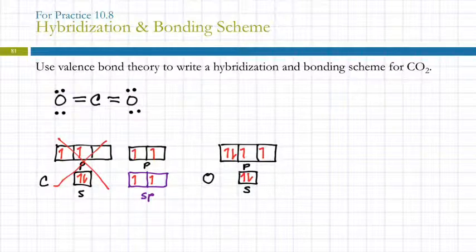So let's predict the, lost the word, the bond description without drawing it first. So I have two of these oxygens, so it might be helpful to draw a second one.